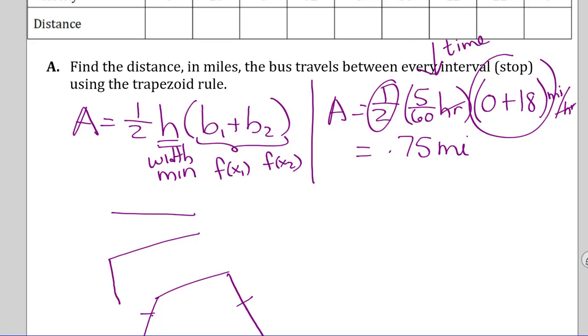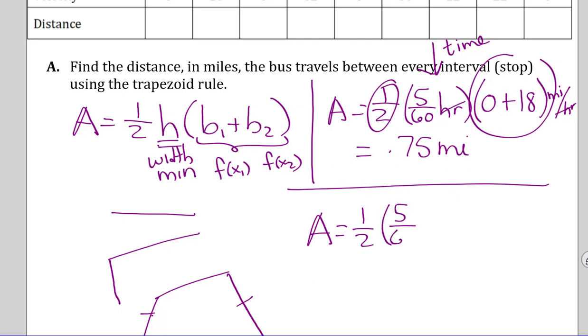Let's look from 25 to 30, all right? We get an area of 1/2, okay, from 25 to 30. Again, we get 5/60ths of an hour. We're going from 25 to 30, so my function values are going to be 4 plus 36, okay? And again, this is miles per hour, all right? So when I do that, of course, this is going to be 40. So I'm going to cancel that out.